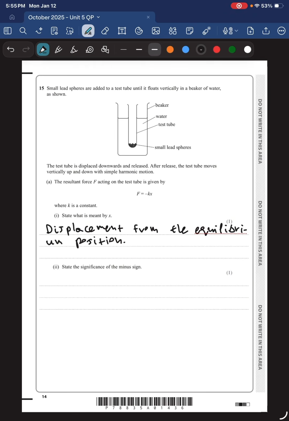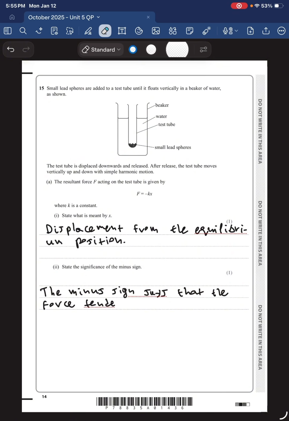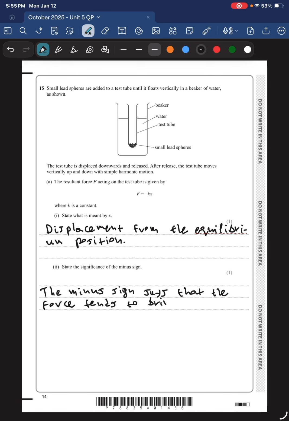The minus sign says that the force tends to bring the tube back to its equilibrium position.